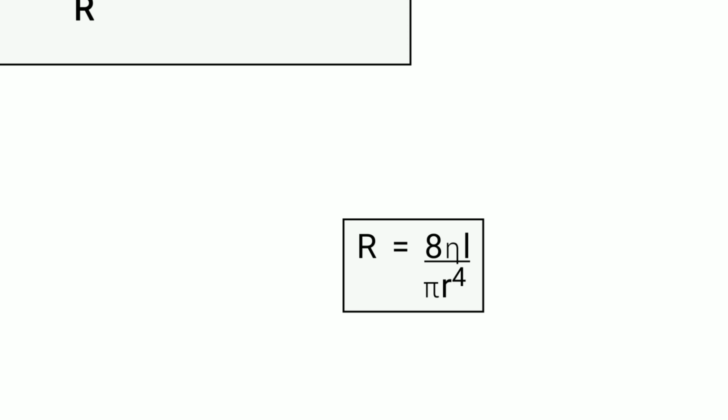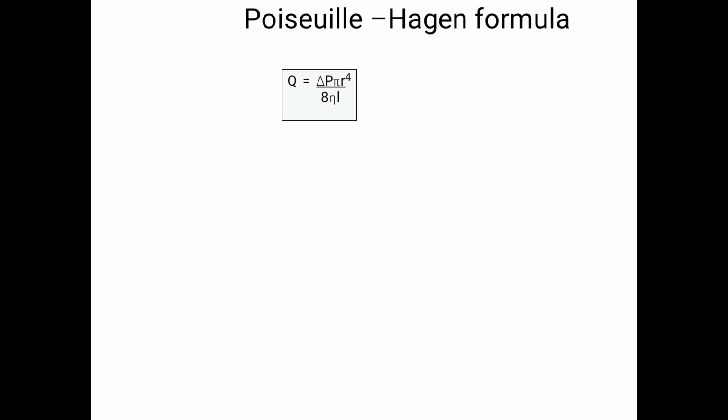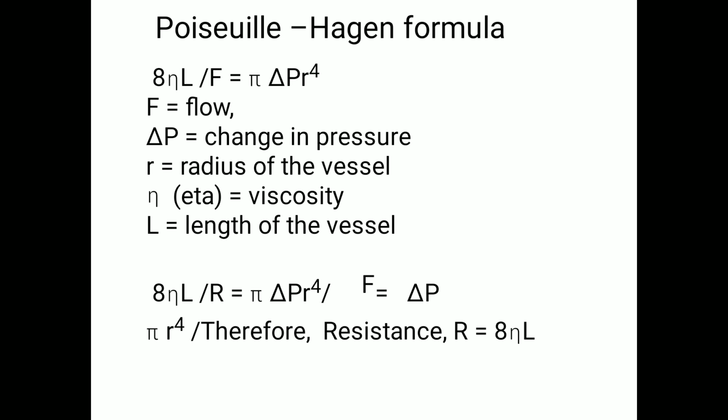R equals 8 mu L by pi r cube, where eta is the viscosity, L is the length, divided by pi r cube, r is the radius. One very important factor which I already told is the relationship between the resistance and the radius.